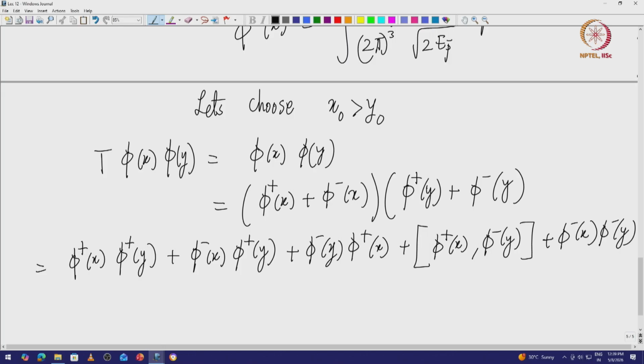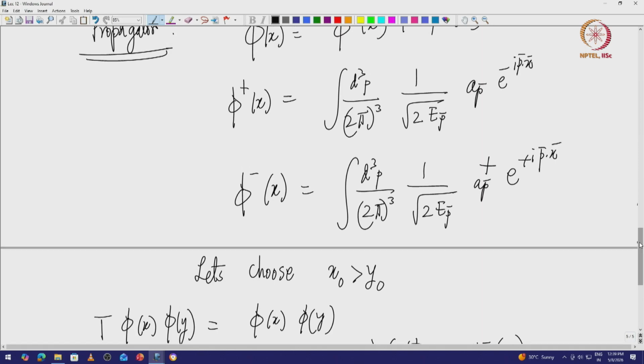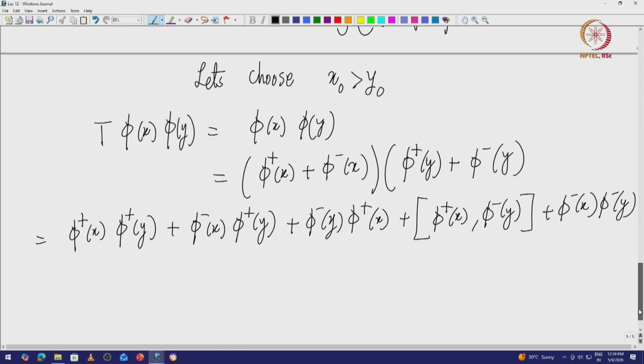Now the basic thing here, the reason I put it in this particular fashion, is that if I normal order this, because I want to put everything on the right, all the annihilation operators on the right. All the annihilation operators are contained in pi plus, so pi plus should always be on the right.